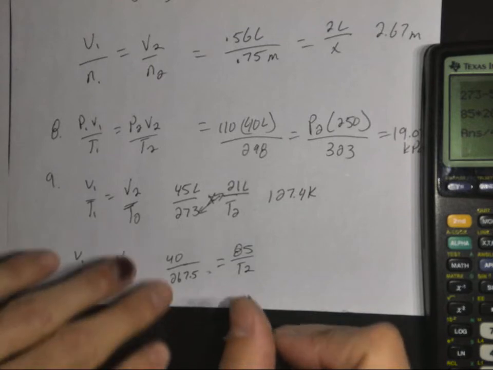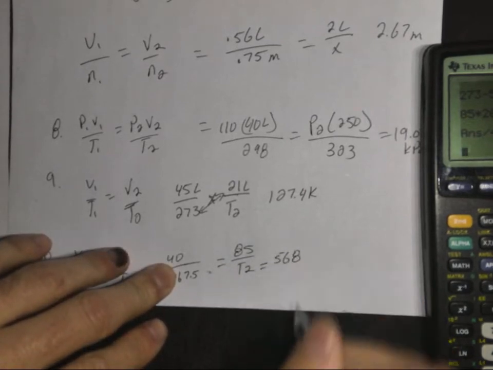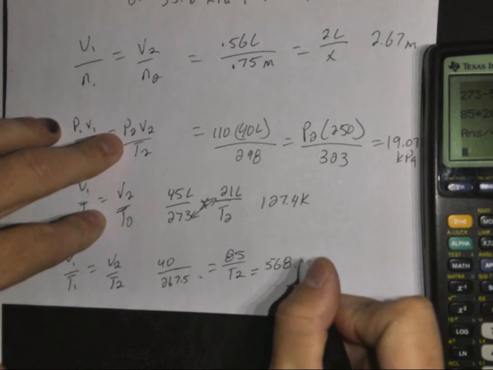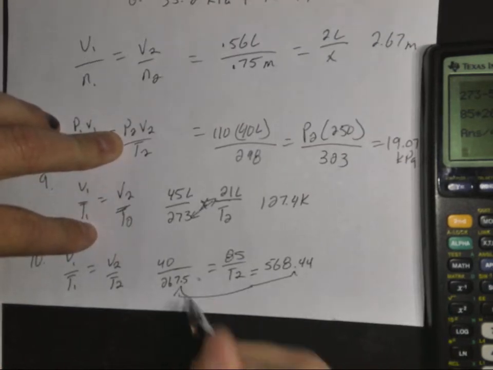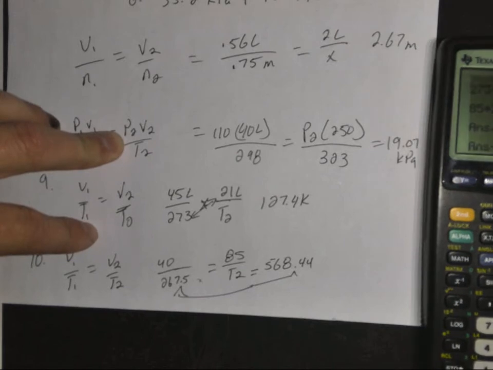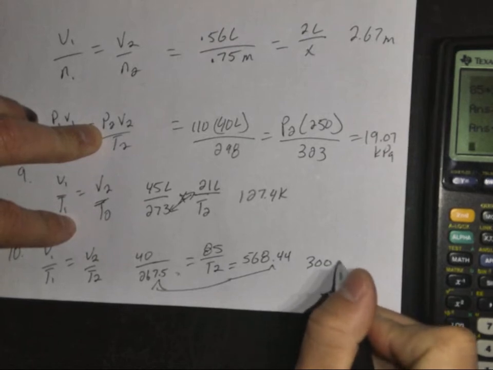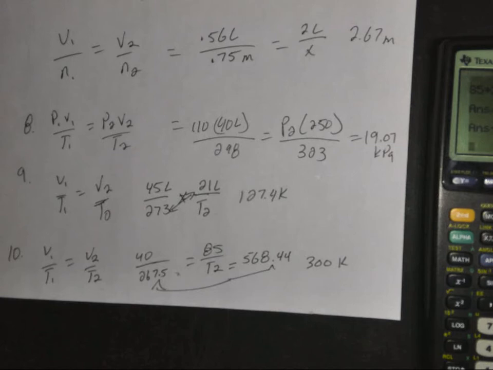So our T2 equals 568, but it says what is the change? How many degrees did the temperature increase? So we take this number and subtract this number: 568 minus 267.5, and it increased 300 degrees, or 300 Kelvin. Remember, we don't use degree when we talk about Kelvin.